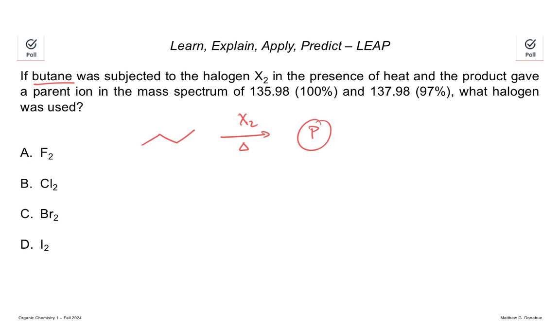It says the mass spectrum of that product has the following information. So we have the parent, M plus, and now the difference between those is 2, so M plus 2.